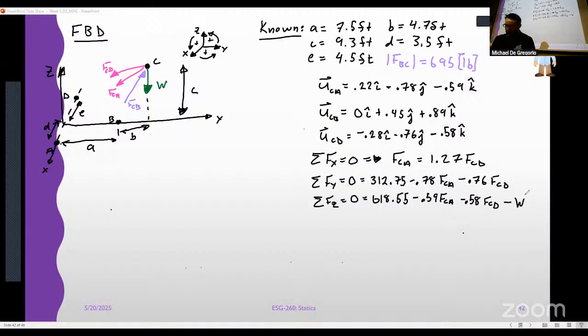So again, very similar to the other three equations we had, just plugging in the things that we know differently, right? To start off with.